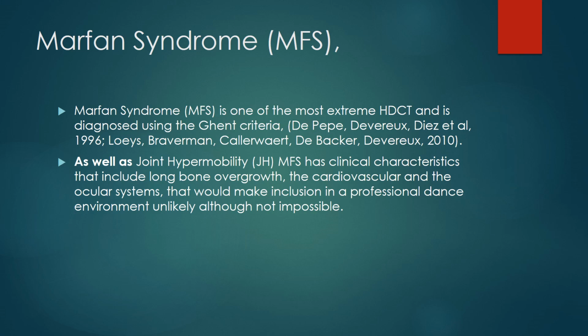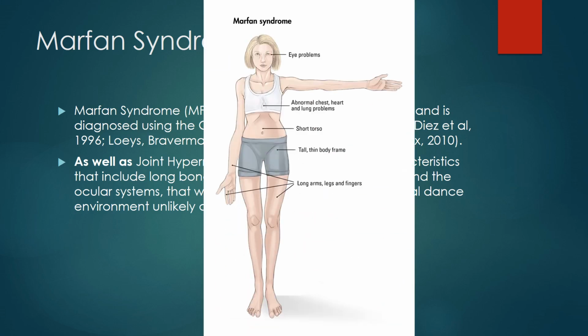This would normally make inclusion into a professional dance environment unlikely, although not impossible. If we look at this schematic, we can see a typical Marfan Syndrome body type. The long limbs and short torso are reminiscent of body types that have in the past been coveted by choreographers such as Balanchine.